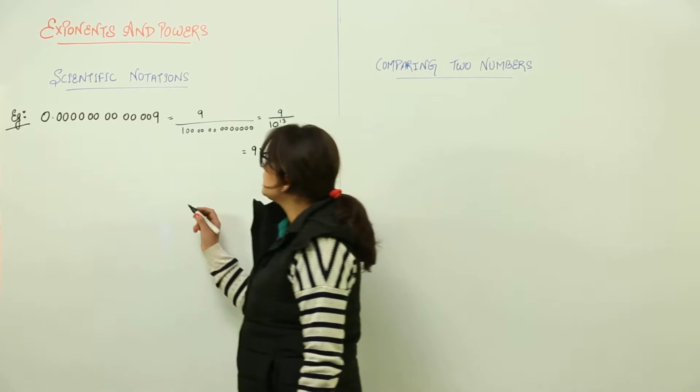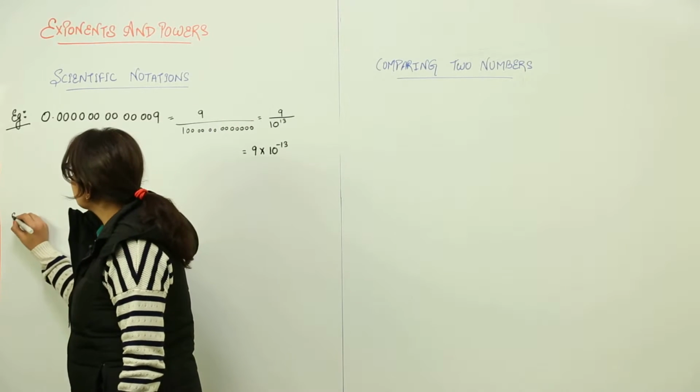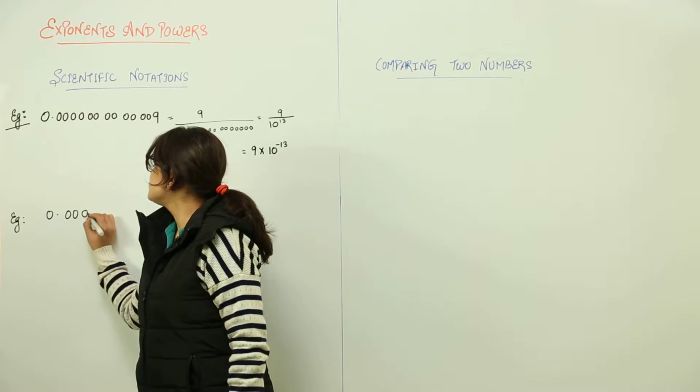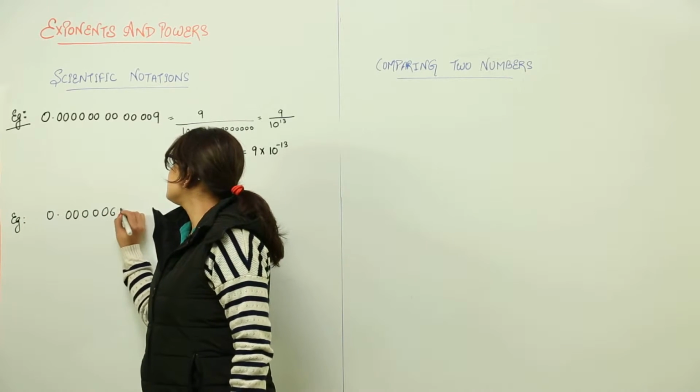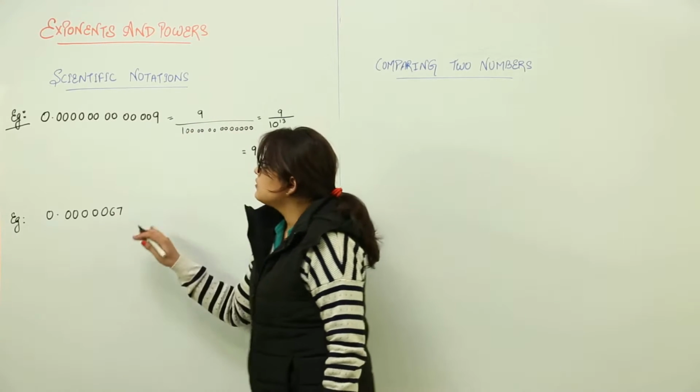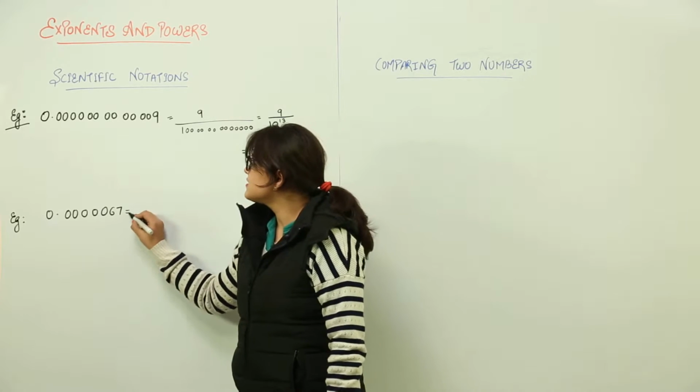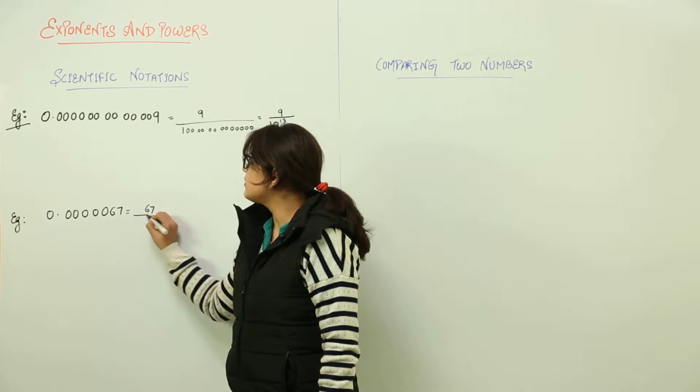Now similarly, let us try for another example. That is 0.00000067. Now this is a simple example, lesser calculation. Let us try. It would be 67 over.